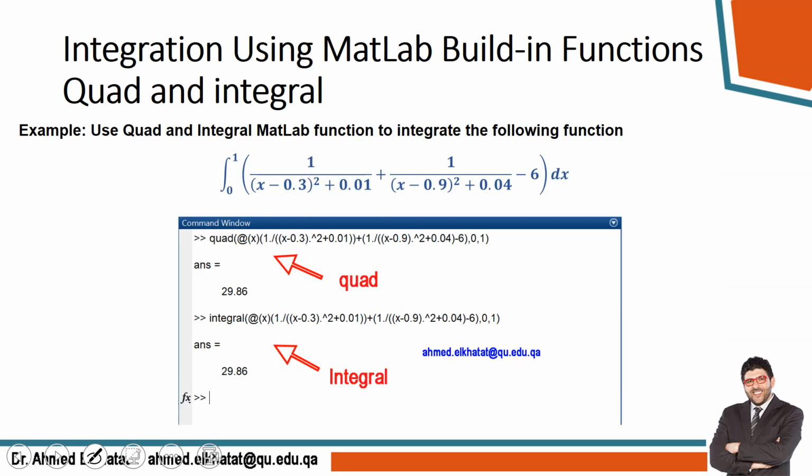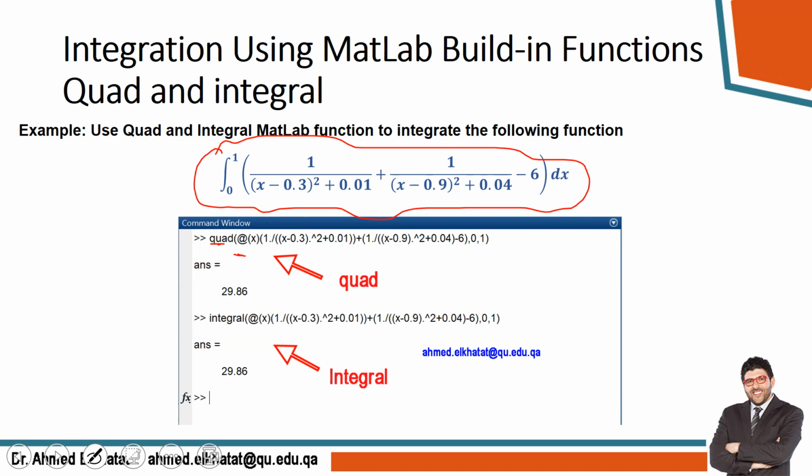Let's take an example. You have this equation and you want to integrate it between 0 and 1. So now write quad, then between parentheses @(x), because it's an equation as we learned before, then you write the full equation.